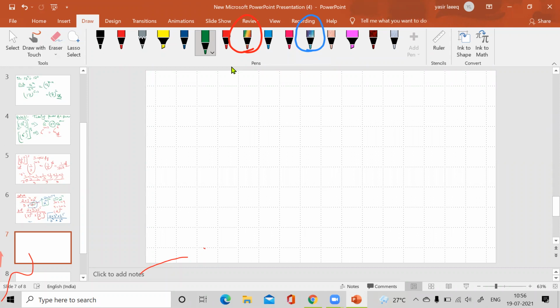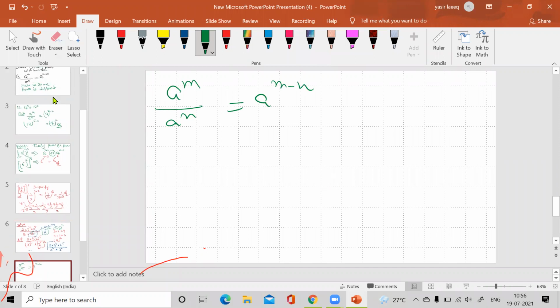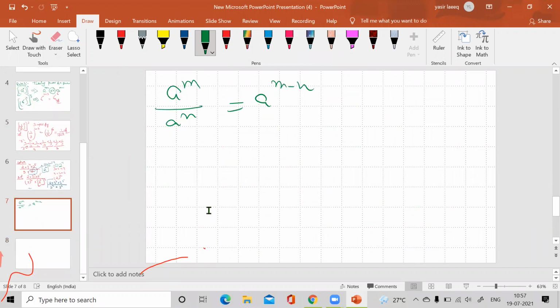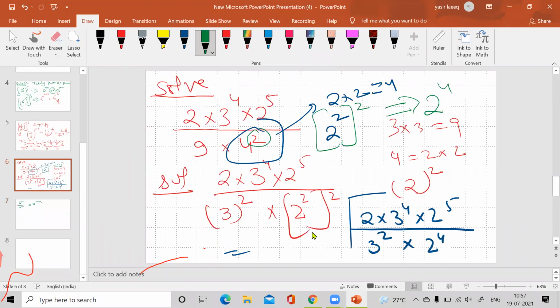Listen, there is one rule. Suppose that there is a power m and there is a power n, you just have to subtract it, as I told you in this slide. We are using the same here. When the base is the same, you can write, step by step, solve the numerator first.